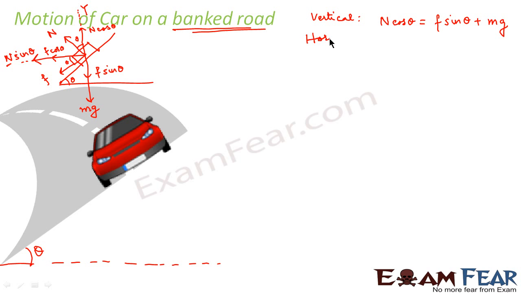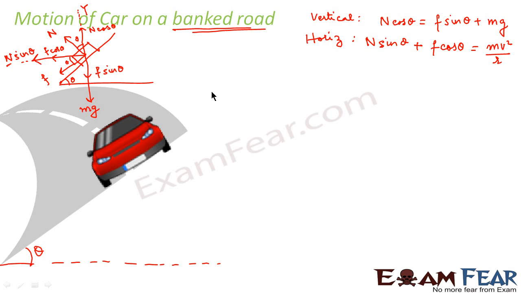Now in the horizontal direction, that is along this direction, we can say N sin theta plus f cos theta will provide the centripetal force. So this will be equal to Fc, the centripetal force, which is equal to mv square by r.